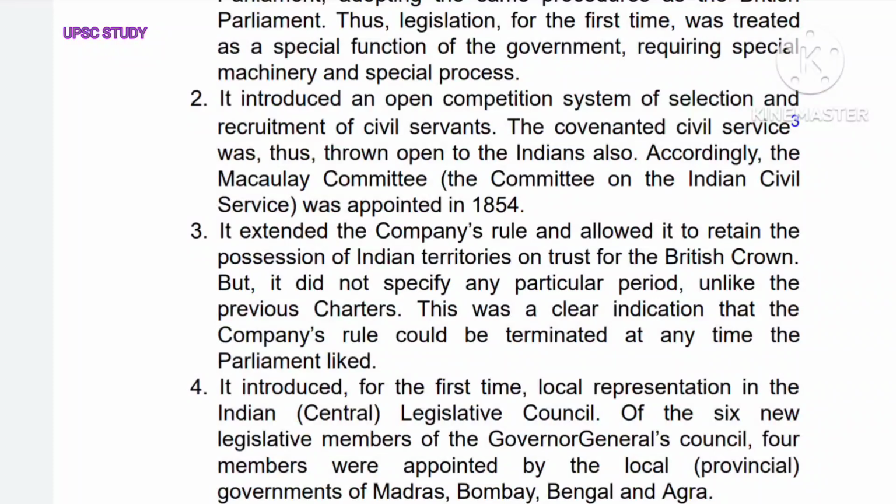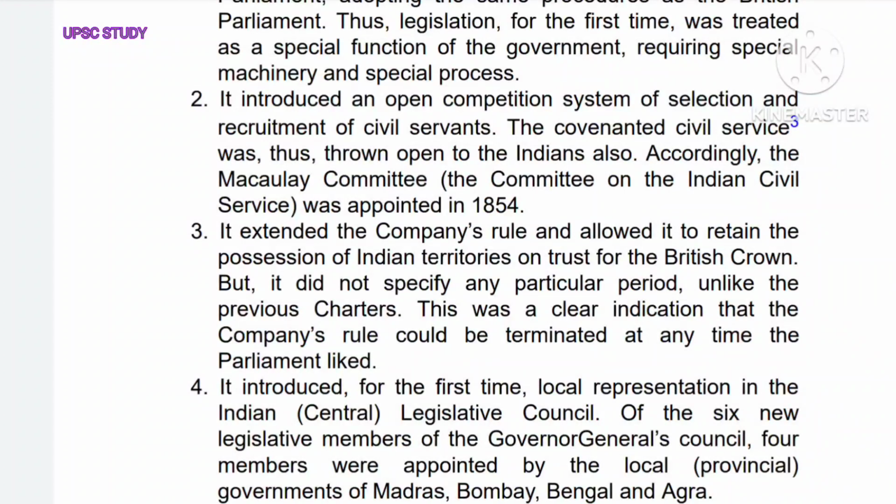Number 2. It introduced an open competition system of selection and recruitment of civil servants. The covenanted civil service was thus thrown open to the Indians also. Accordingly, the Macaulay Committee, the Committee on the Indian Civil Service, was appointed in 1854.